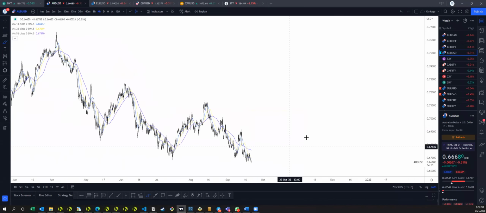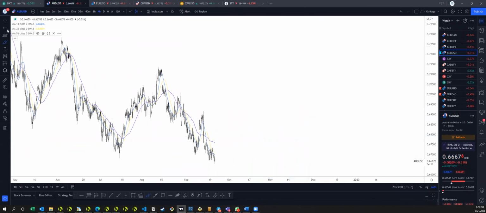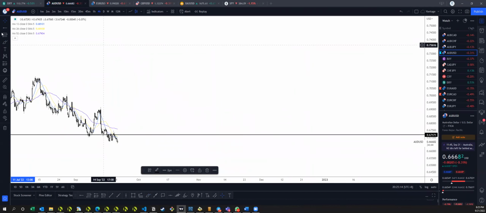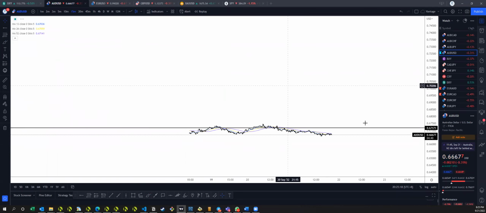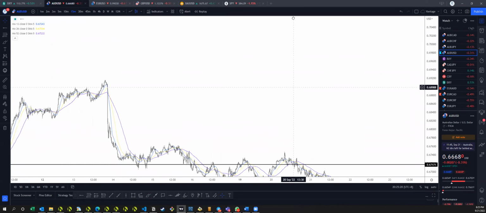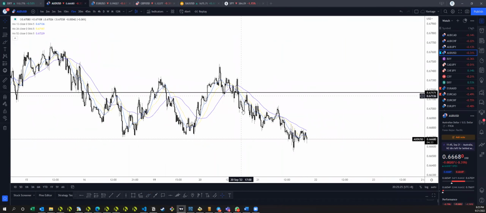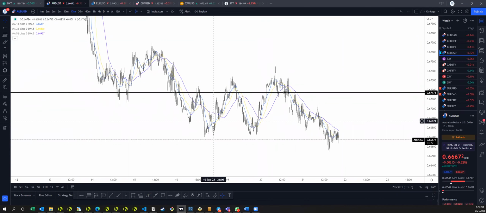So what would happen here? Again, it broke this support here. When we see a pattern like that, with no big candles causing a flush down of the buyers, it means that this is just a normal exchange of buyers and sellers coming into this flow.